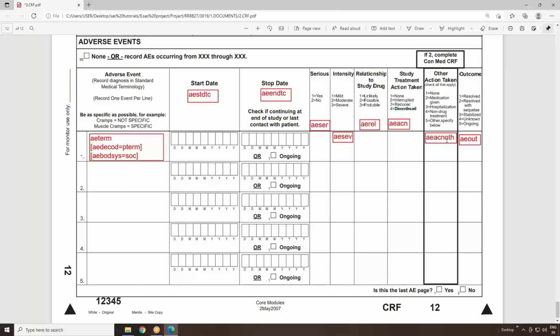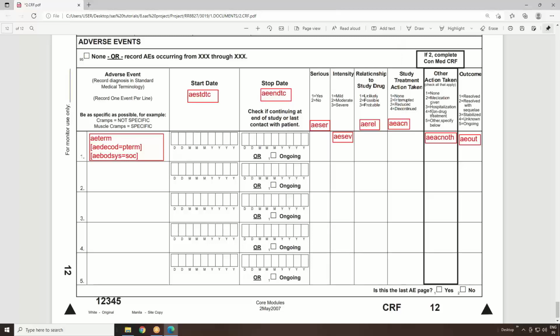What are the other actions taken? None. Medication has been given because the dose was interrupted, and simultaneously medication has been given, that means concomitant medication has been given. Or maybe they have discontinued, and after that they have done hospitalization. Or let's say the person is suffering from a side effect of stomach ache, or maybe headache.